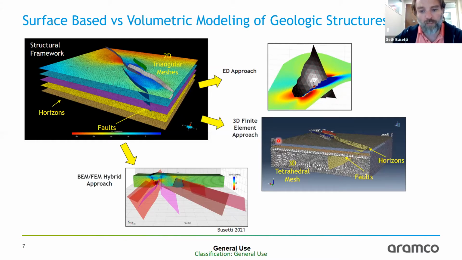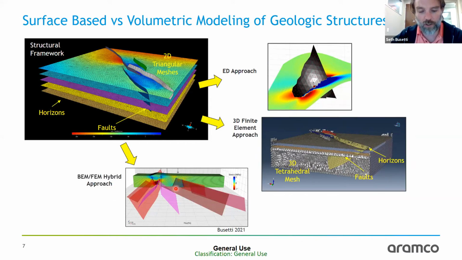The 3D finite element approach gives you a lot more flexibility with the physics, but the model building does take a lot longer. And then the third approach I'll show is the boundary element, or this elastic dislocation method, combined with finite element. So a hybrid approach that uses the best of both worlds to get a streamlined model out the door, bypassing some of the difficulties and focusing on the strengths of each technique.